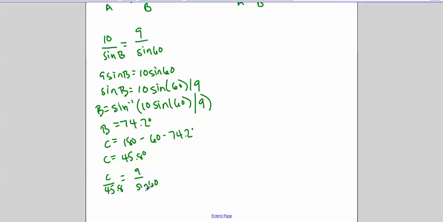And we're going to multiply both sides by sine 45.8, and you get C equals 9 sine 45.8 divided by sine 60. And you're going to get that C is about 7.45, and we don't have a unit on there. So 7.45. Okay, so then we need to find this other triangle.